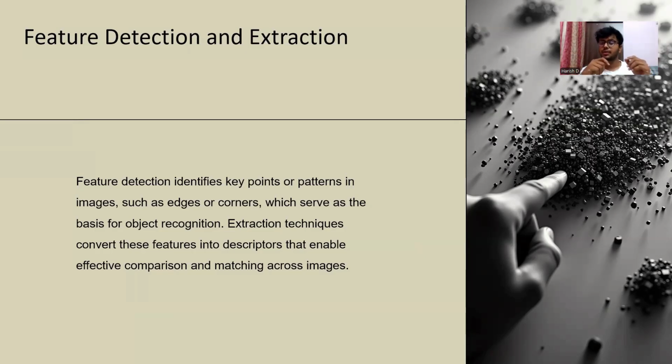We identify those spaces with the help of pixel values, basically converting the image into pixel format. With that, we can easily find the empty spaces with pixel values like 0 or minimal negative values. These edges of the fingerprint are identified with the help of feature detection. The extraction techniques convert these features into descriptors that enable efficient comparison and matching across images.